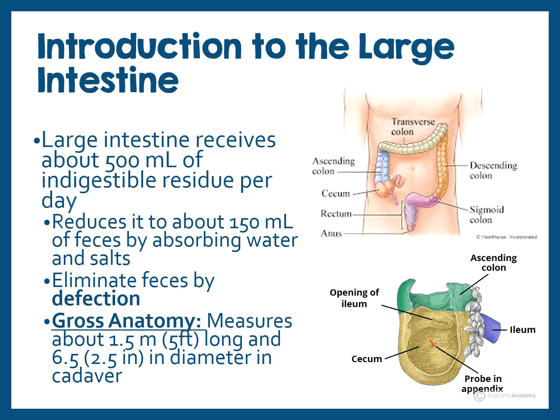And the main focus of the large intestines is going to be for the reabsorption of water. And so the residue will be reduced to about 150 mils by the time it gets to the end of the large intestines. And then that residue will be eliminated by the process of defecation.